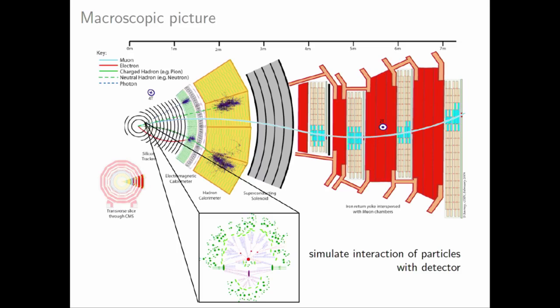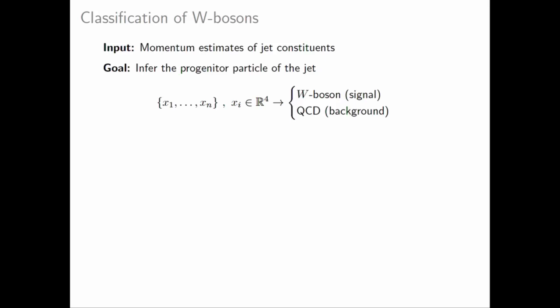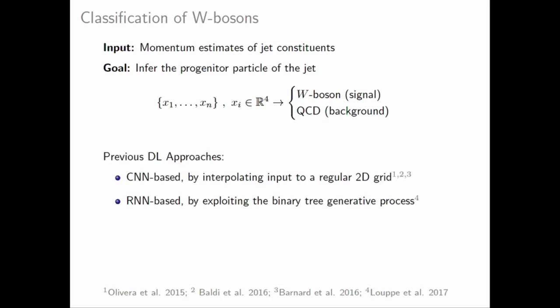But at the end of the day, the goal is that given some event that can be described as a set of different four-momentum particles, x1 to xn, the experiment has designed a simulation that depends on whether we expect a phenomenon, for example here the W boson should behave a certain way, and if not, it should behave in a different way, what we call the background signal. And this problem has already been addressed using deep learning, data-driven models, mostly using two paradigms.